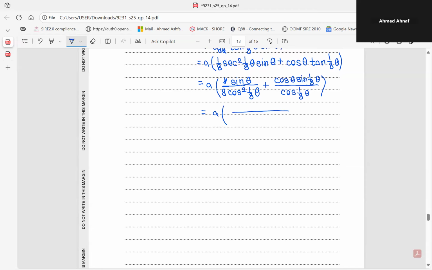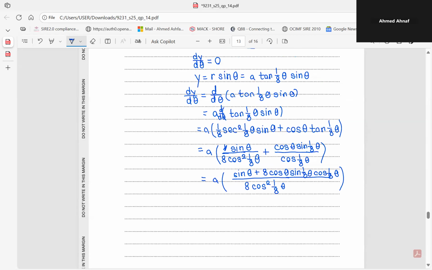Now let's make the denominator same. So this is 1 over 8 cosine square 1 over 8 theta, sine theta plus 8 cosine 1 over 8 theta. That is 8 cos theta sine 1 over 8 theta, 8 cos 1 over 8 theta.